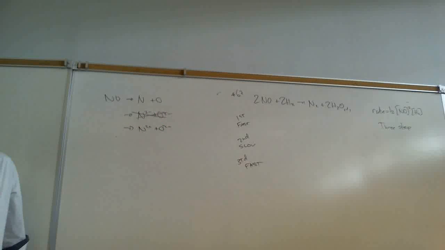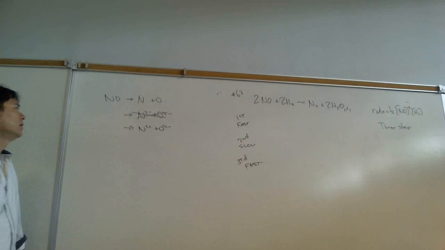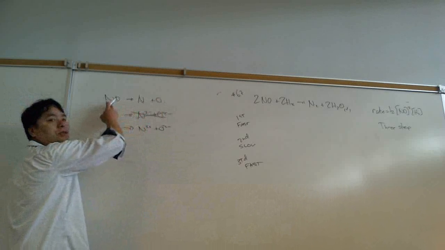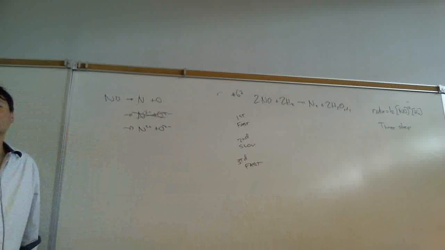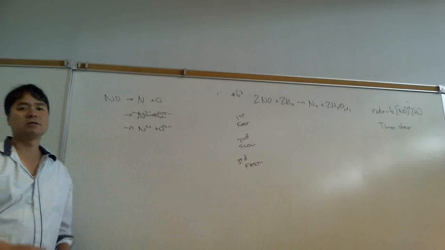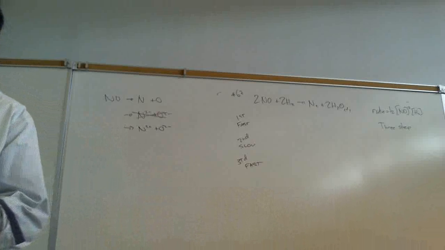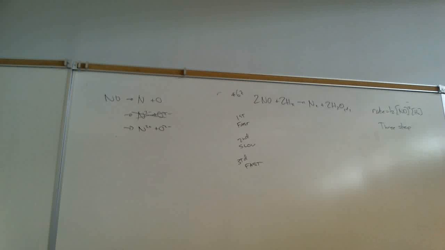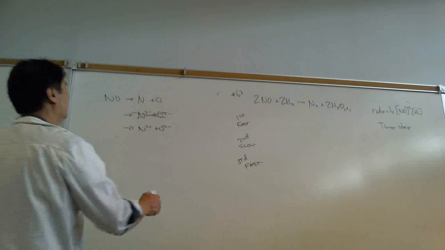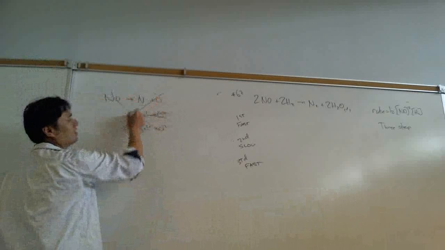Does that look very likely? Out of these, the first one looks most likely. We can't go to an N2 and an O2 because we need 2 NOs to do that. This is just unimolecular, so it has to collide with the wall or something and break the bond. Do you think that bond is very strong, the NO bond? It's a triple bond, so it's going to be strong. So this is not going to be a fast step. This is going to be a slow step. I said fast, so this just doesn't seem like it's going to happen.